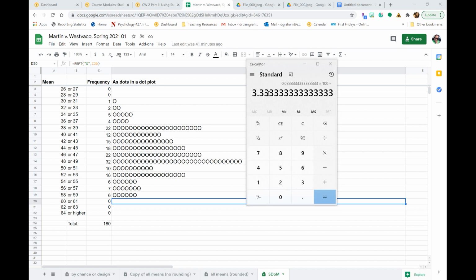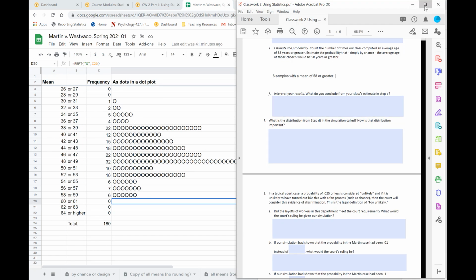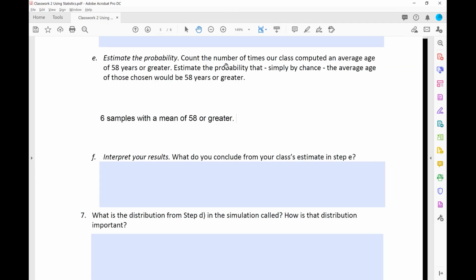Okay, so for this part where I'm estimating the probability, be as detailed as will be helpful for you. For me, I'm just going to make a very quick note because I already know this stuff.